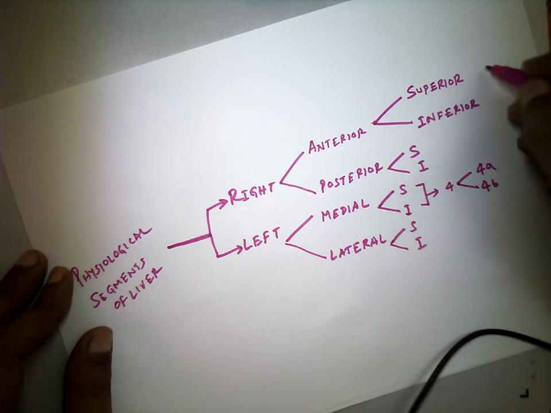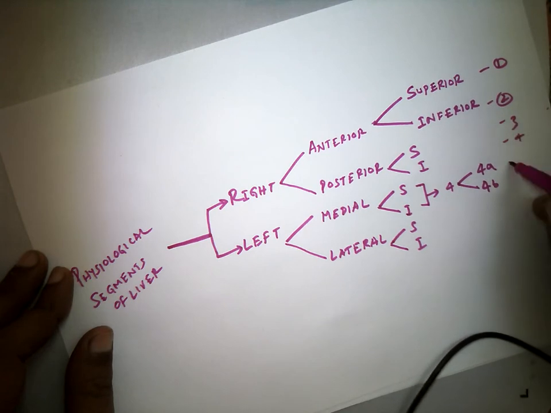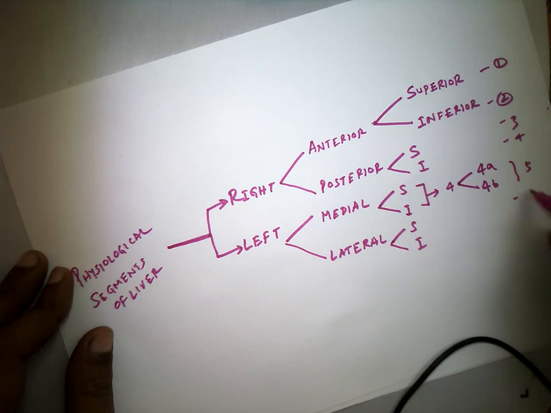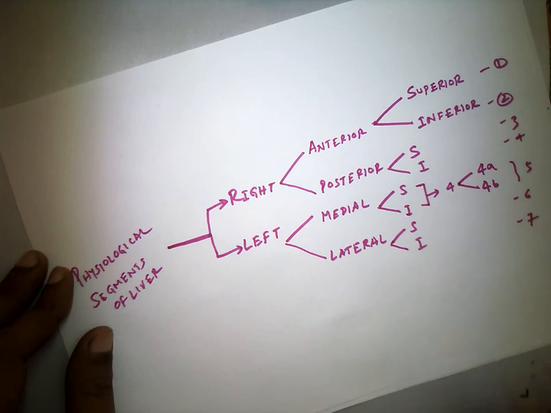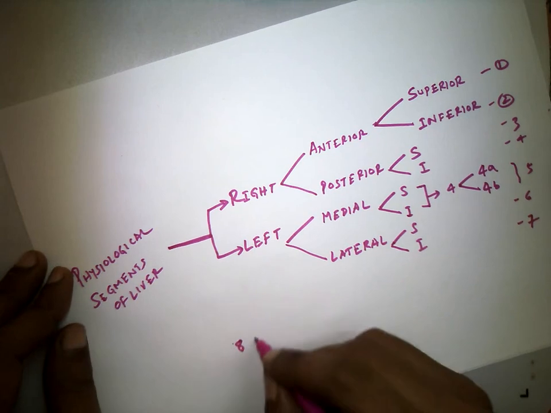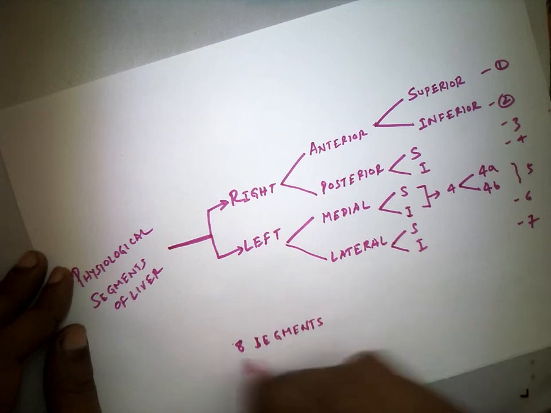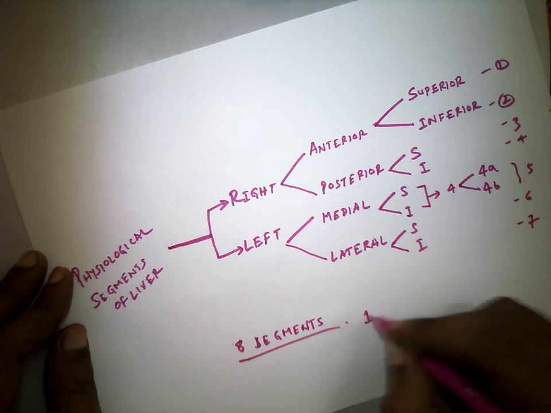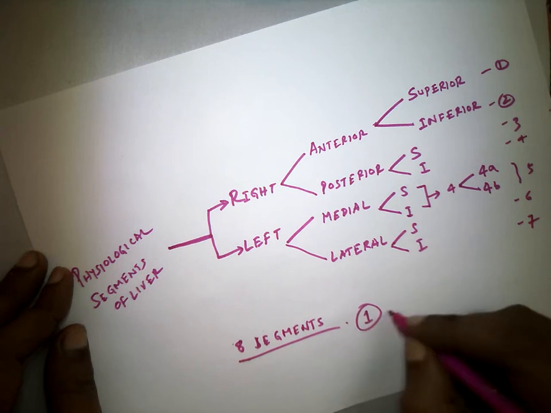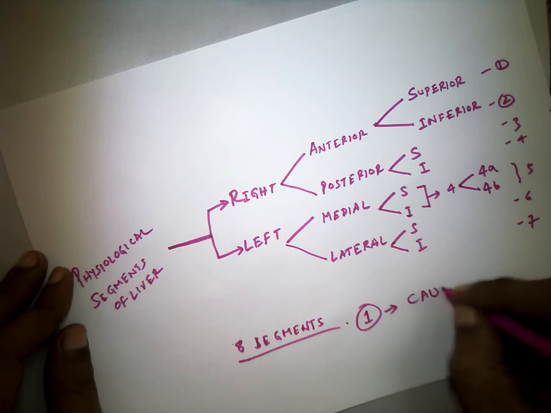So altogether we have 1, 2, 3, 4, 5, 6 and 7. But we know that there are 8 physiological segments in the liver, right? So the first segment is always considered as the caudate lobe itself.